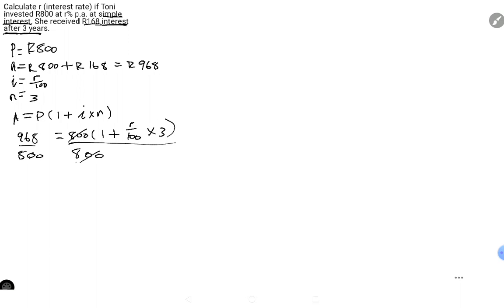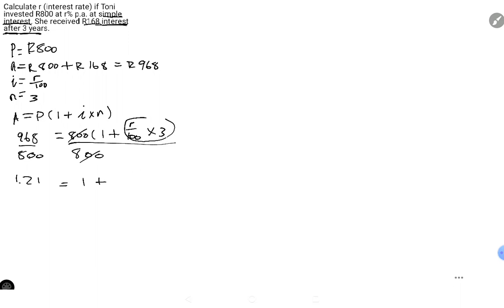So those cancel. And so now I'm going to work that out on the left hand side. So I'm going to say 968 divided by 800. That gives me 1.21.